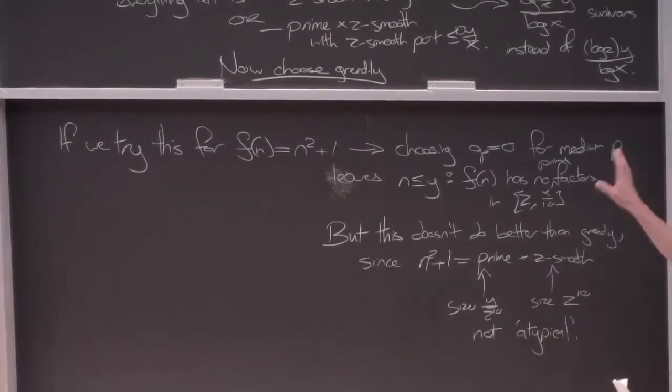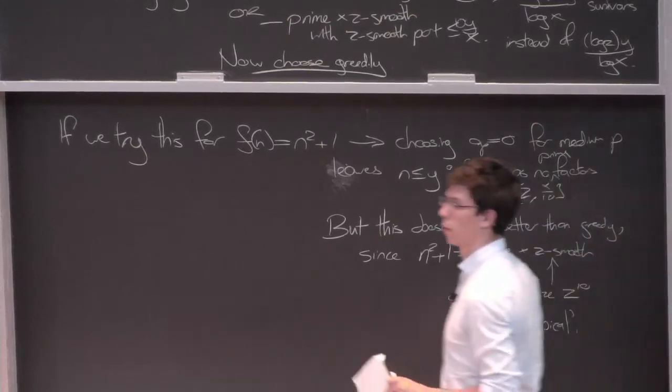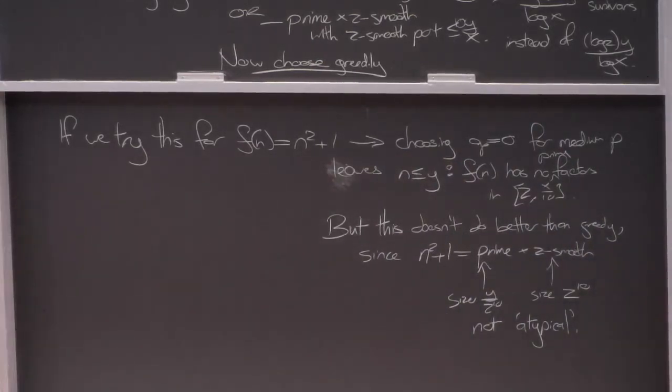And so if you want to make any progress, you're going to have to abandon this choose a_p equals 0 trick and do something that doesn't involve smooth numbers. And so this is what I'd like to briefly talk about today.